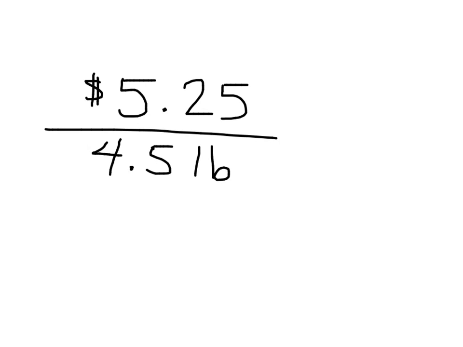What I want you to figure out is the price per pound. So you take $5.25 divided by 4.5. It's always the price divided by how much.